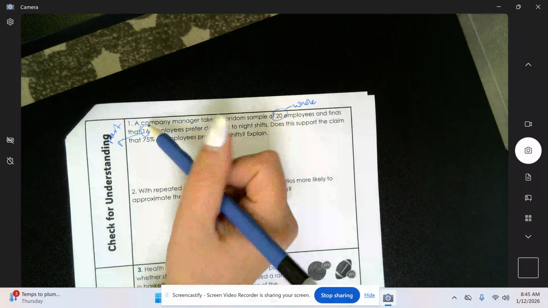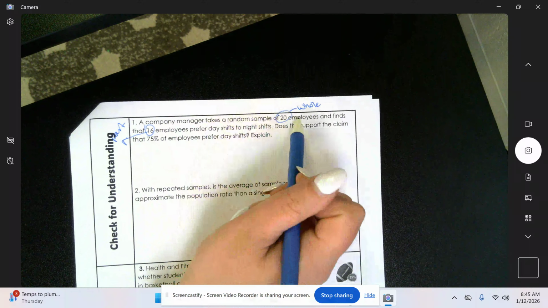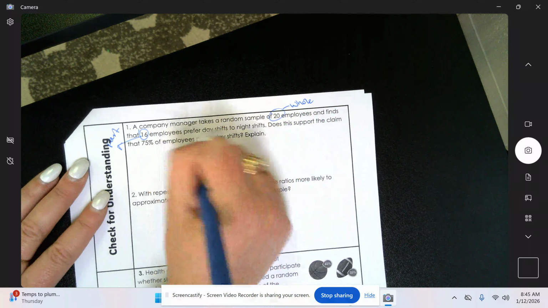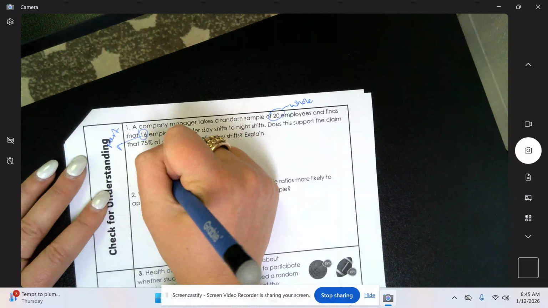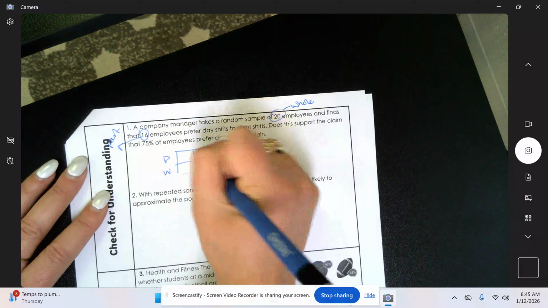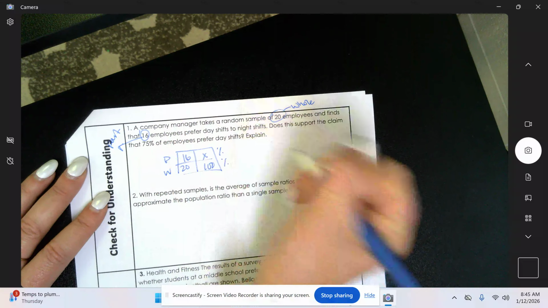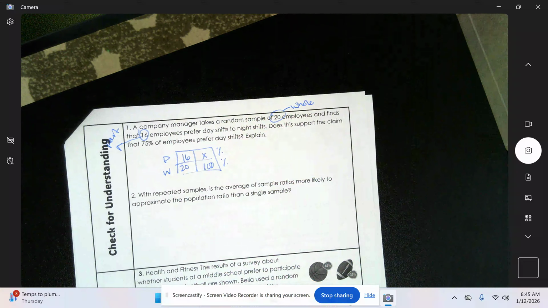We want to know what percent is 16 out of 20. So what is 16 out of 20 as a percent? Huh? 80%.